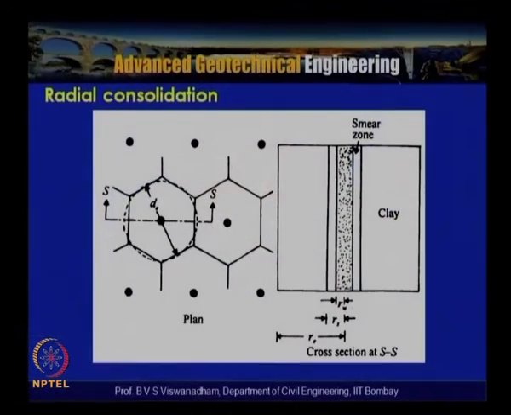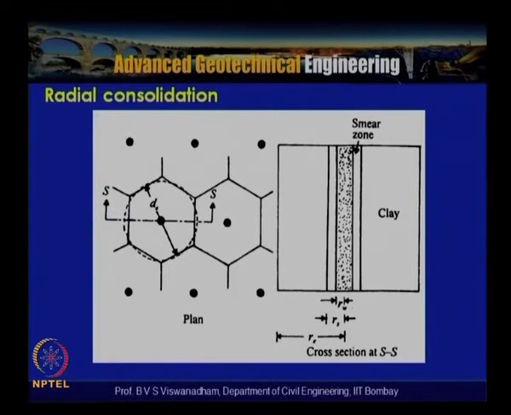Let us consider deducing the theory for the average degree of consolidation in the radial direction, for both equal strain and free strain consolidation. The conventional theories were originally developed for sand drains, but they can be extended to prefabricated vertical drains without much difficulty.